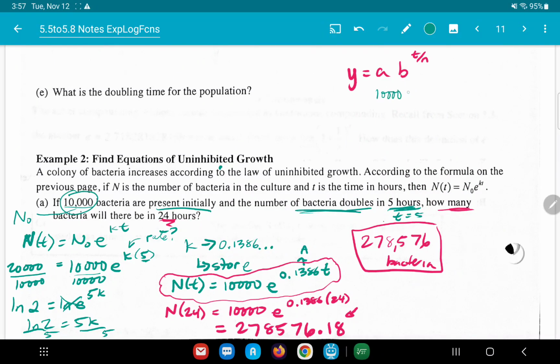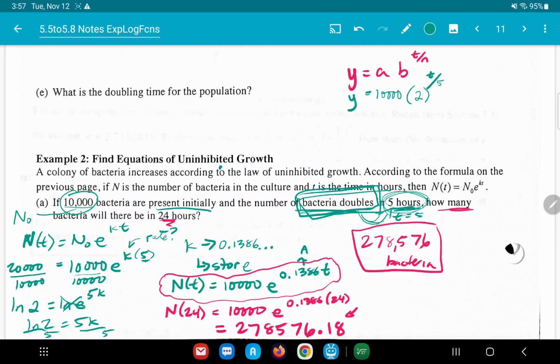That'll just be the a value. Since this bacteria doubles, that's a very crucial piece of information. I can just say that the bacteria doubles. So we say 2 to the power of t over n, where t represents my time, and n represents how long it takes to double. It takes 5 hours for the bacteria to double. So my n becomes 5, just like that.